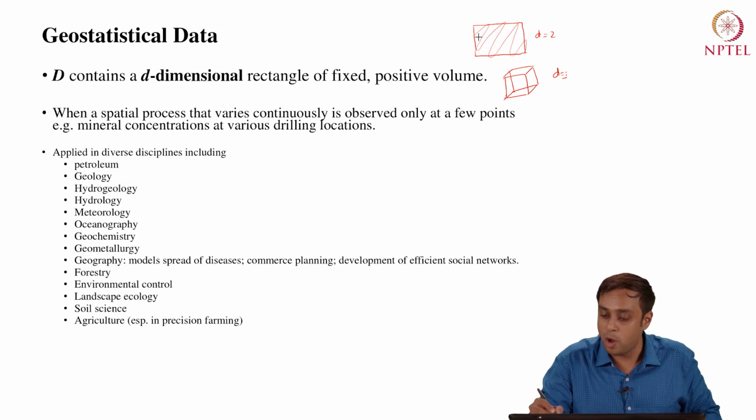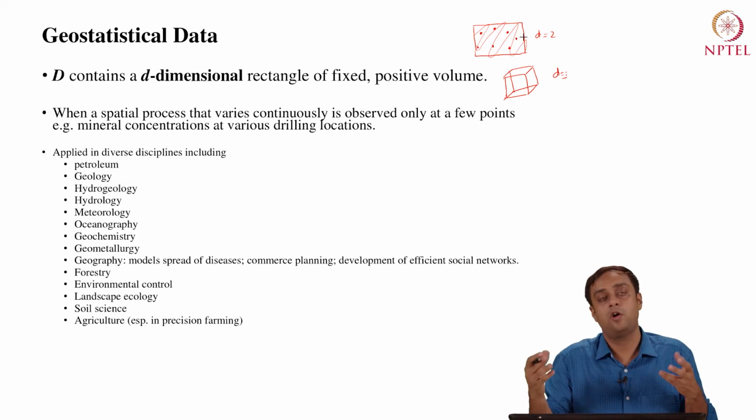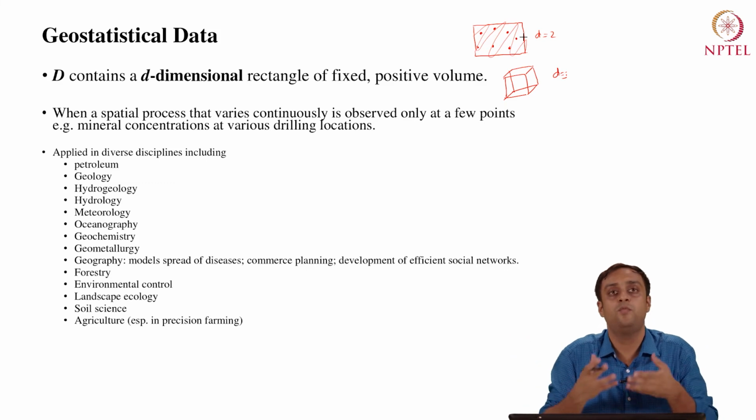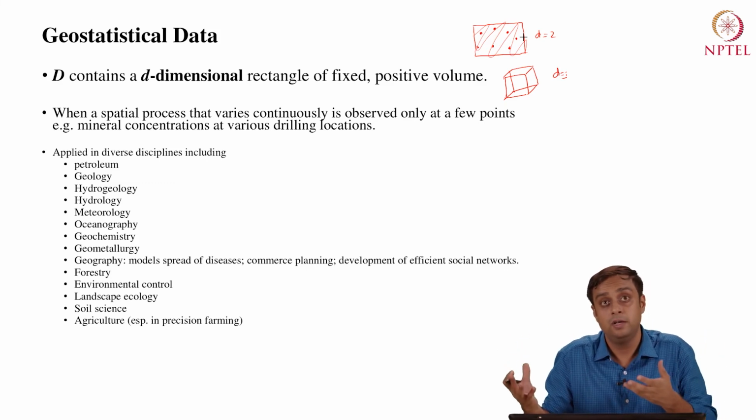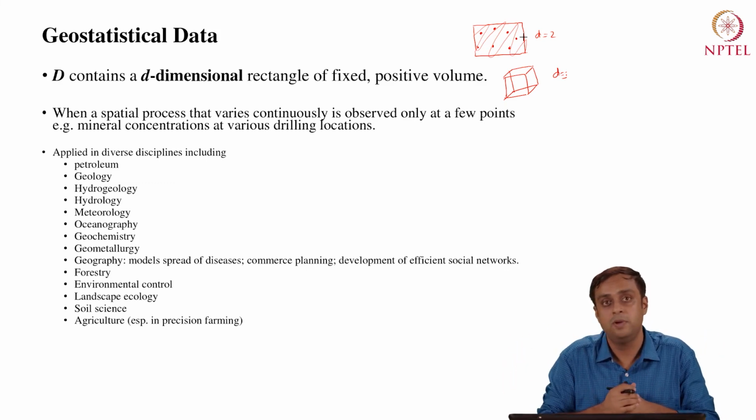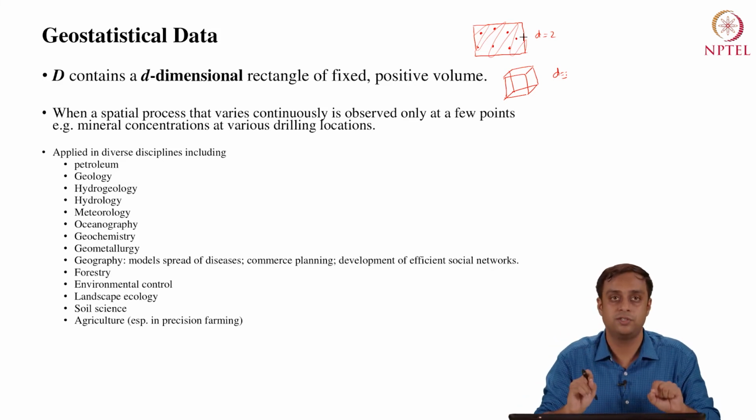But I can only observe whether or not I can find oil, or how much is the quantity, what's the level or depth where I can extract oil from, at only certain search locations, right?